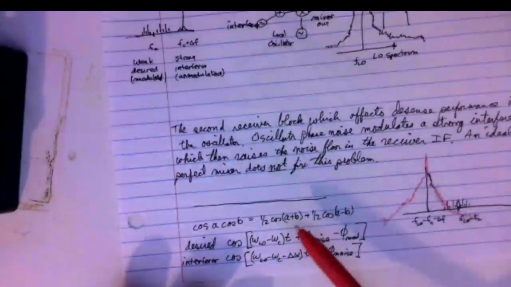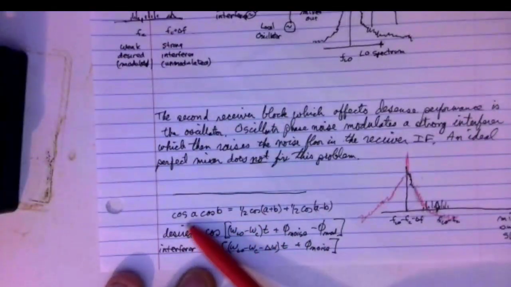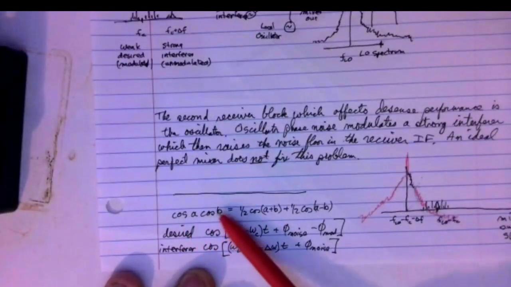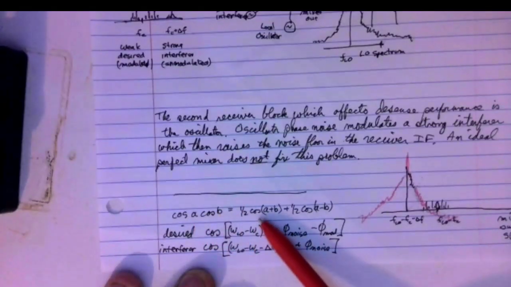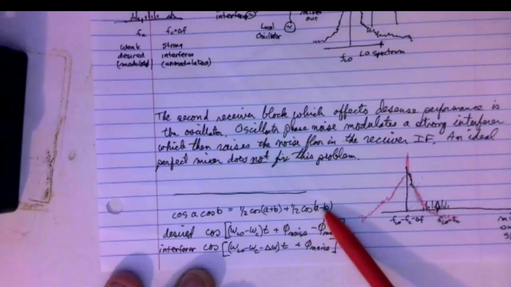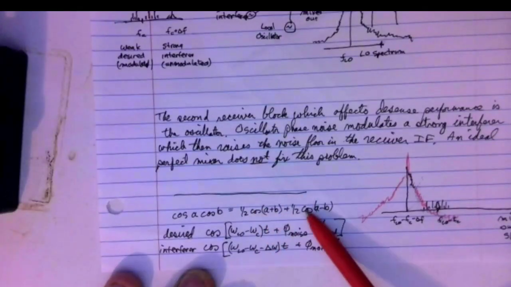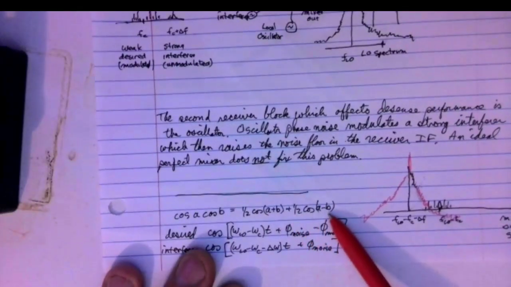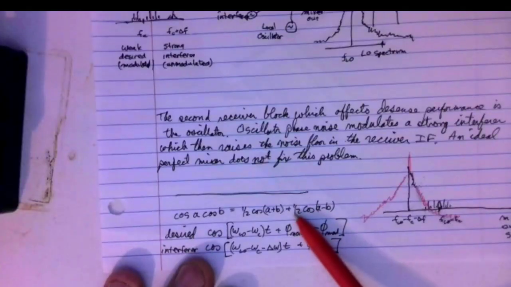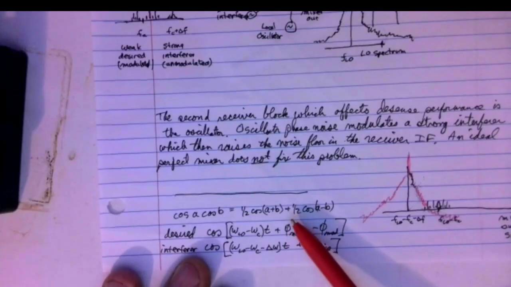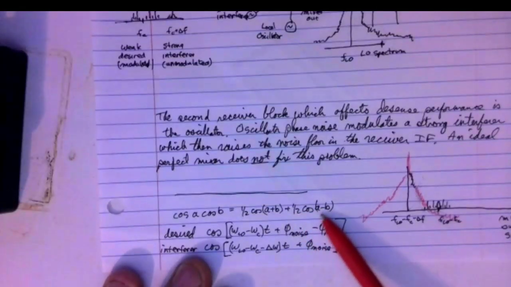And so the math here is the product of two cosines is equal to half the cosine of the sum plus half the cosine of the difference. Now we're going to throw this term away because it gets filtered off by the IF filter. This is the term that we care about. I'm not keeping track of amplitudes here, so this 1/2 you can ignore for the moment at least. This is the part we care about.